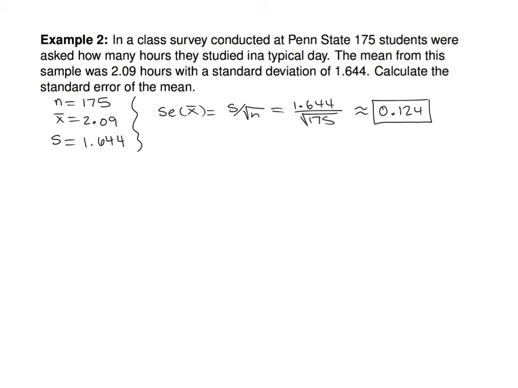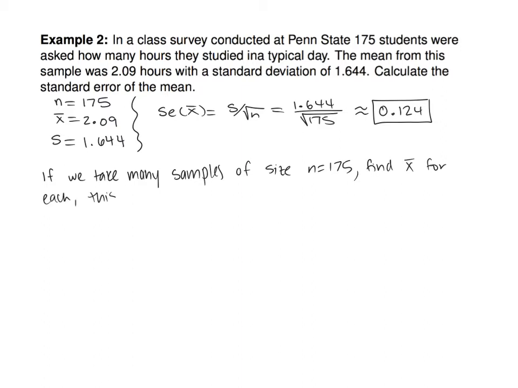And let's just summarize what this tells us. If we take many samples of size n equals 175 and find x bar for each, this is the approximate standard deviation of our sample means.